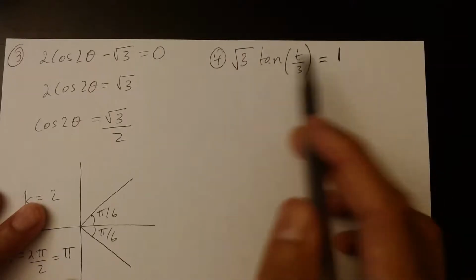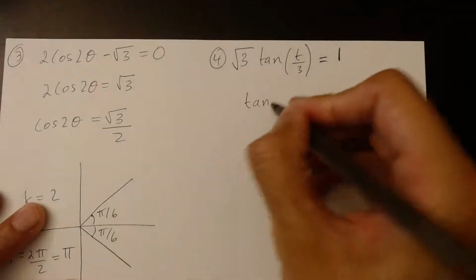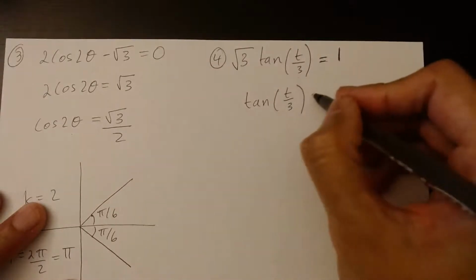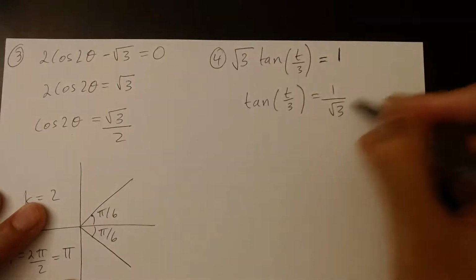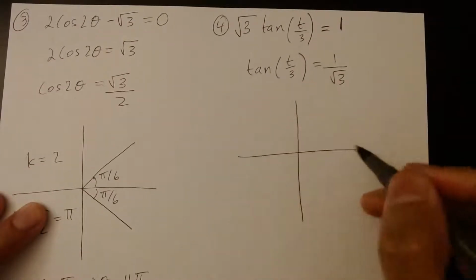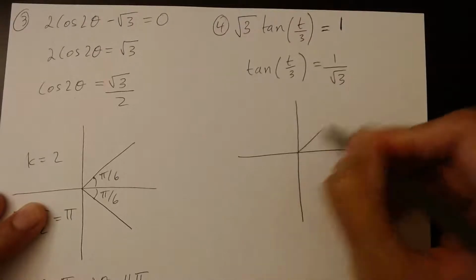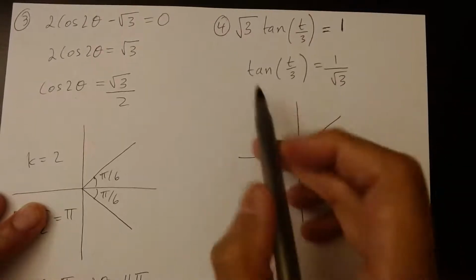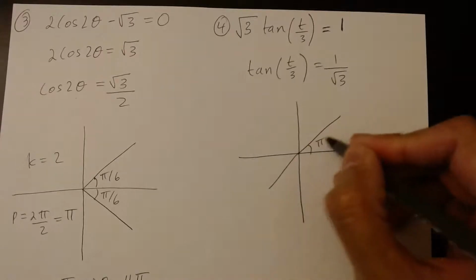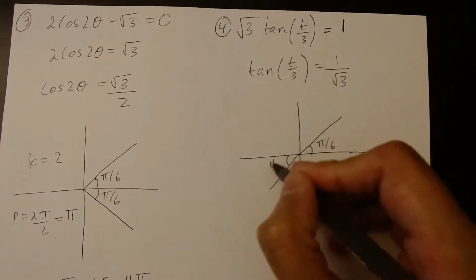So I'm going to start by isolating the tan here. So tan t over 3 equals 1 over root 3. Then I will do my cast rule next. So I know tan is positive in these two quadrants. I'll do the tan inverse of 1 over root 3, and I just get pi over 6 as my acute angle.